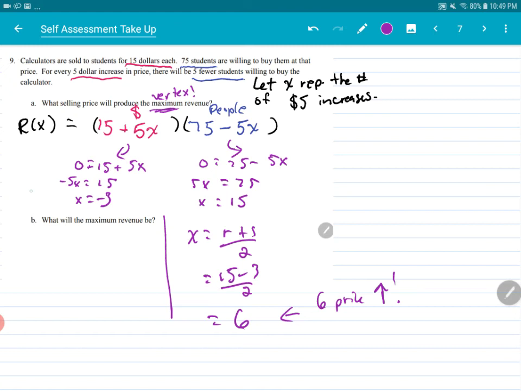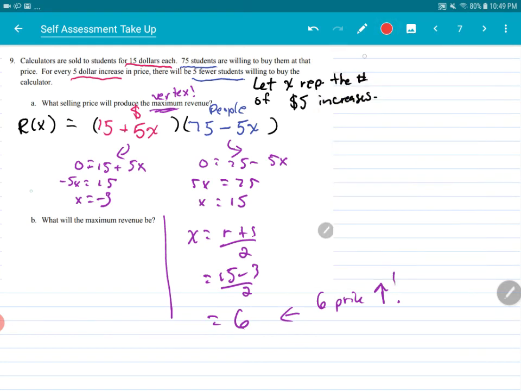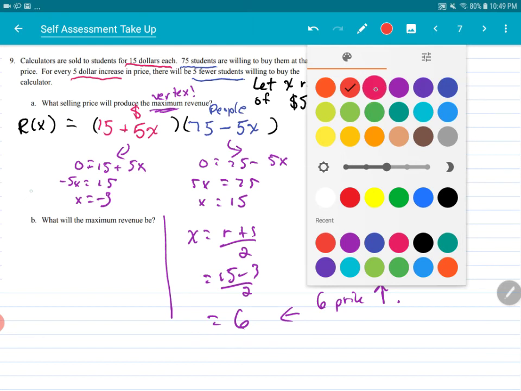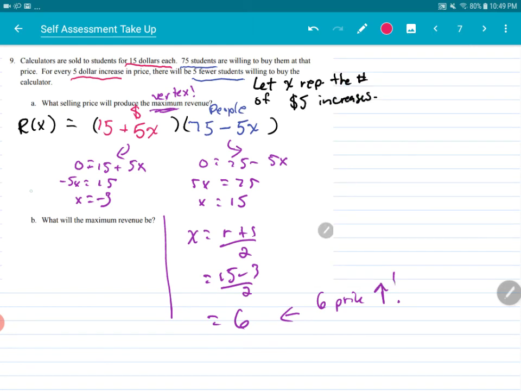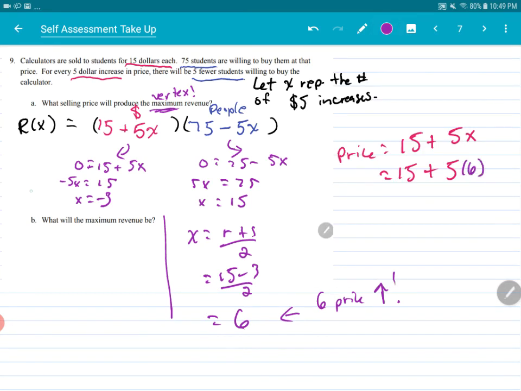This question is saying what selling price will give us the maximum revenue? Well, if we go back to our original equation, we said that price was equal to 15 plus 5x. So let's just put that over here. Price is equal to 15 plus 5x. But you just found out that x is 6. So 15 plus 5 times 6.